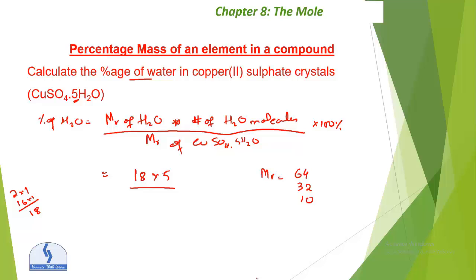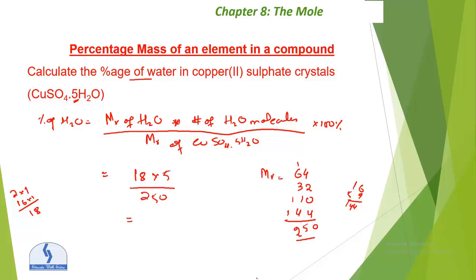And how many atoms of oxygen? 4 plus 5, that is 9 atoms of oxygen. So 16 multiplied by 9 is 144. Adding these up, the total will be 250.